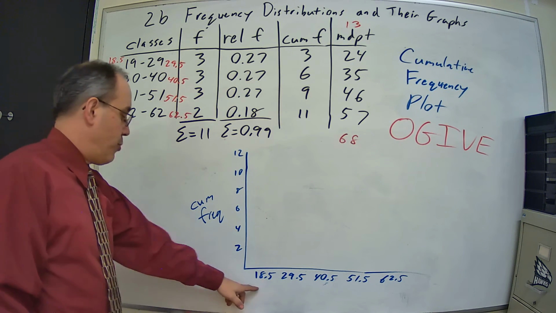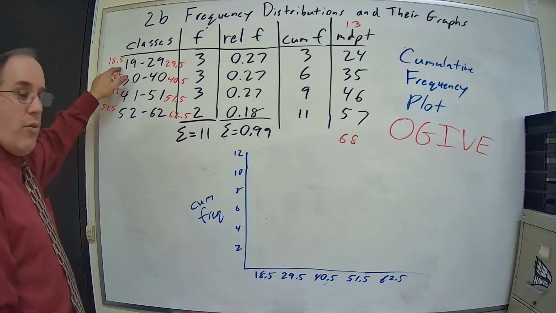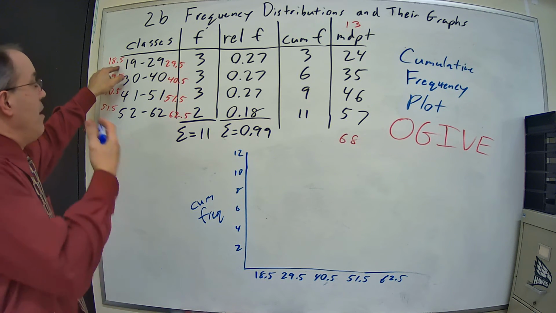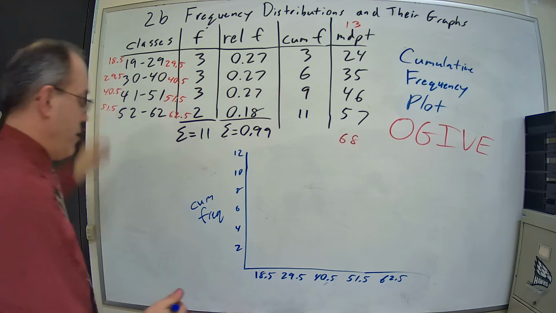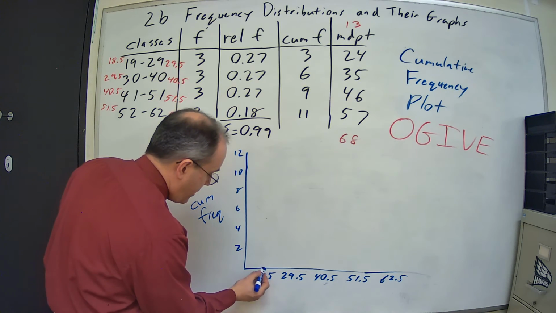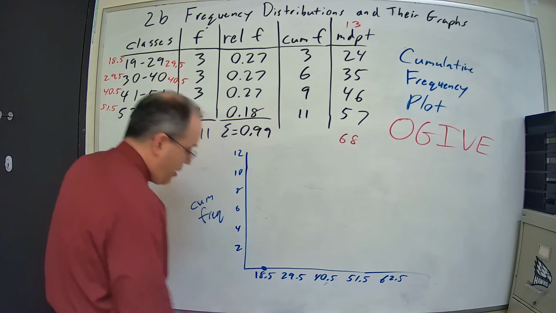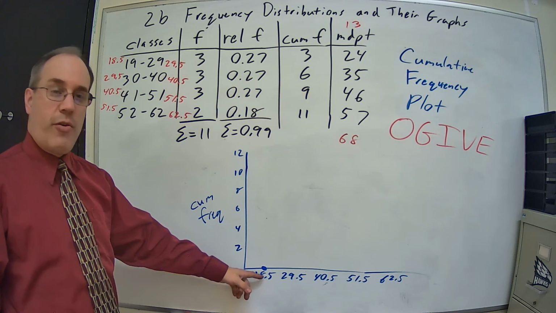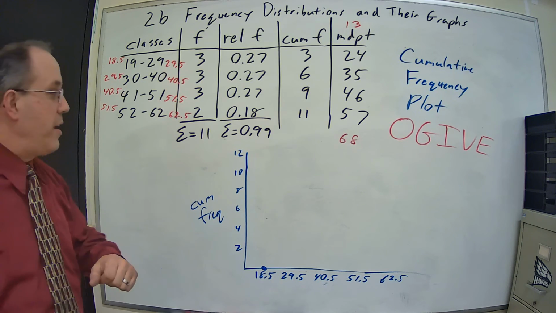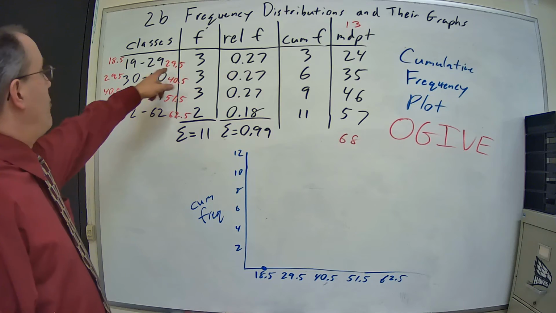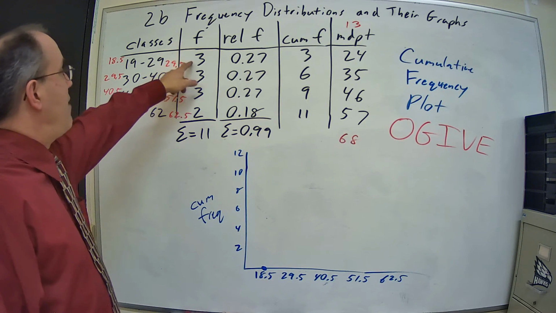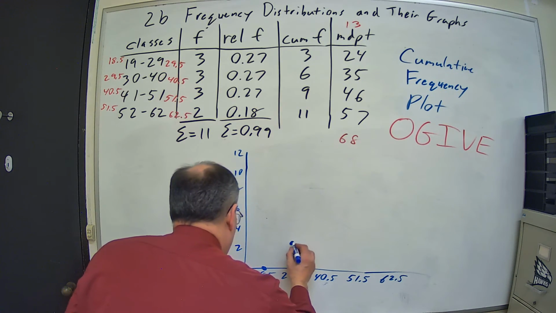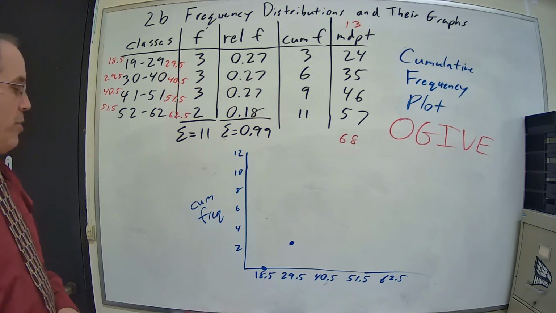So at 18.5, as I already said, we know that that's going to be a cumulative frequency of 0 because we haven't come across any of the data points yet. So a cumulative frequency plot is always going to start right on the x-axis. It's going to start at 0, and then it's going to increase from there. So when I get done with my first class, I'm at 29.5, and I have 3 data points. So I'm going to put a point at 3.